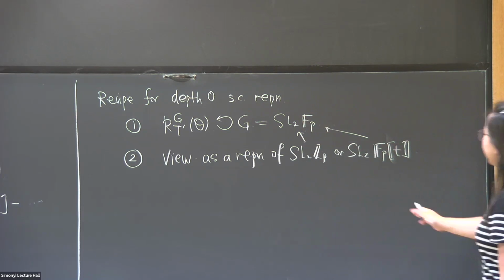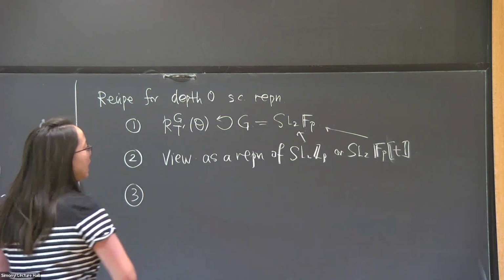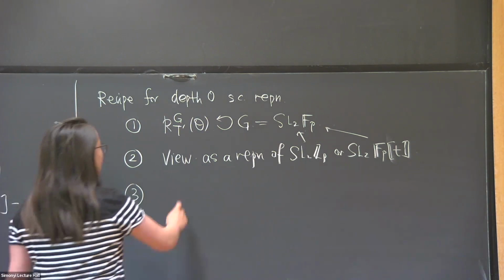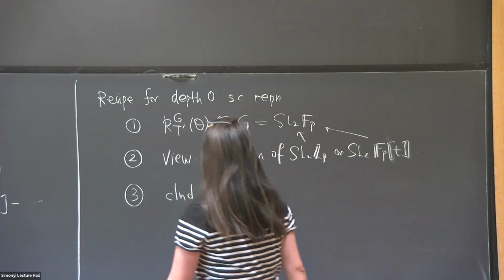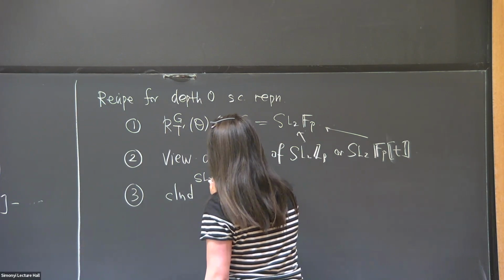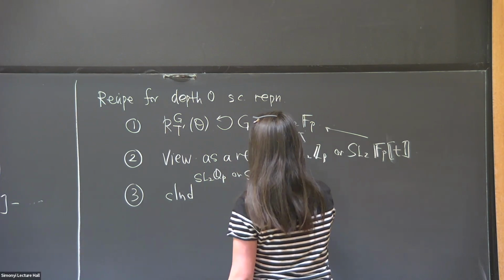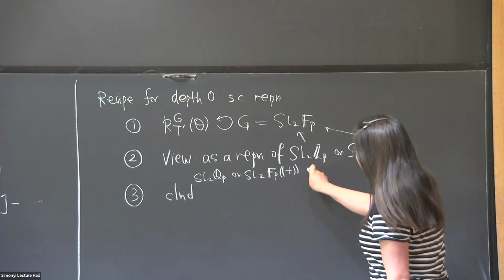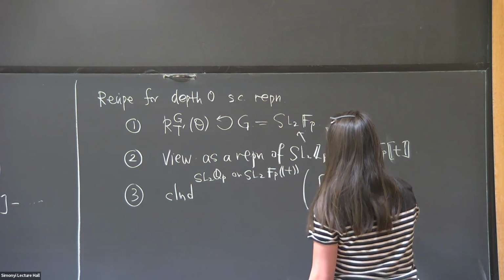And then once you have this, you now have a representation of something like SL2 Z_p or SL2 of this power series ring. And you can then consider compact induction up to your SL2 Q_p or SL2 F_p double-prime T of this representation R_{T prime, G}(theta).